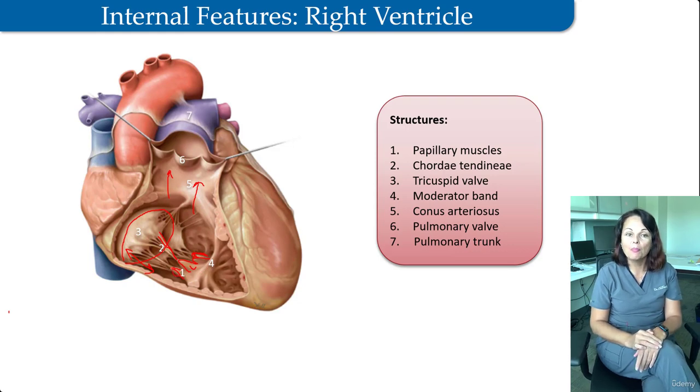The posterior papillary muscle, somewhat smaller in diameter, attaches to the anterior and posterior cusps as well. The septal papillary muscle appears as a group of small muscular projections that attach to the septal and the anterior cusps.